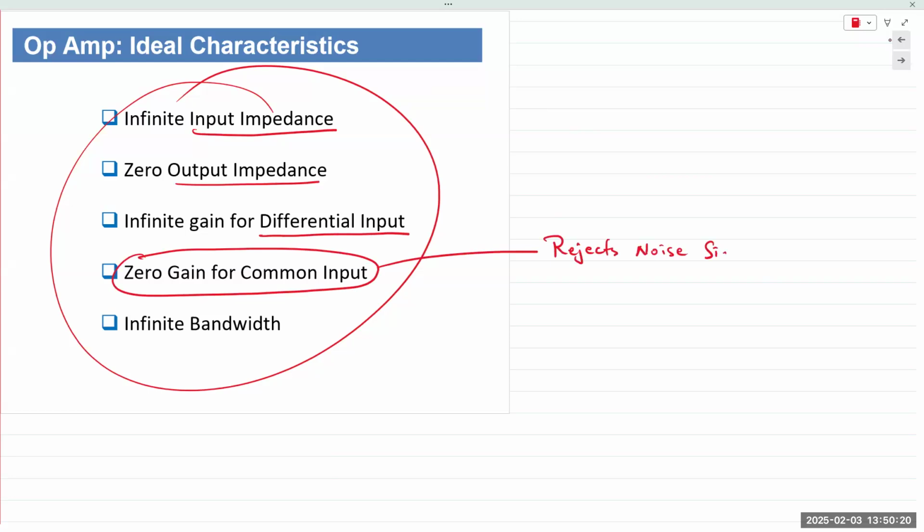noise signals, because noise signals would appear at both input terminals. And then it also has infinite bandwidth.